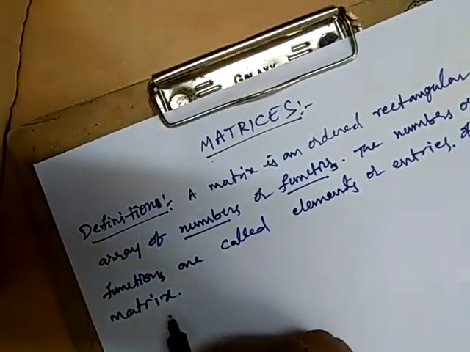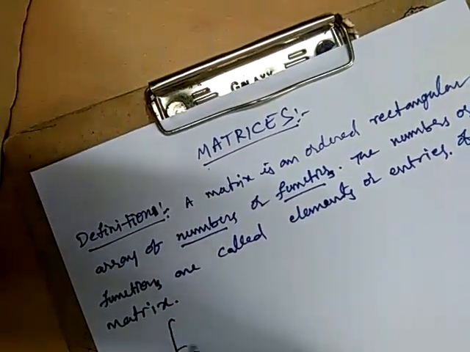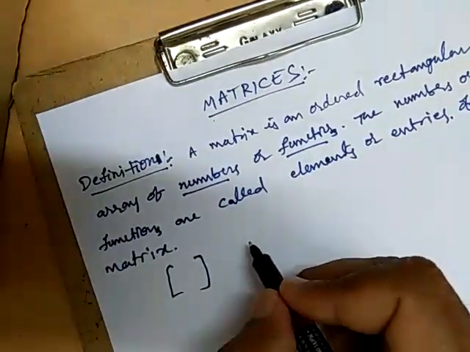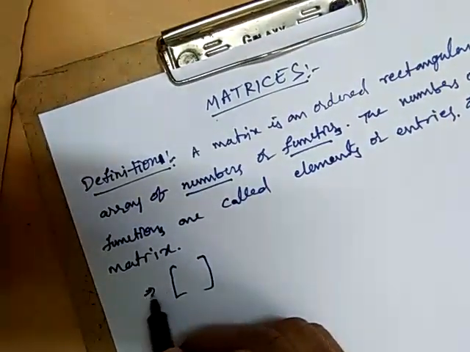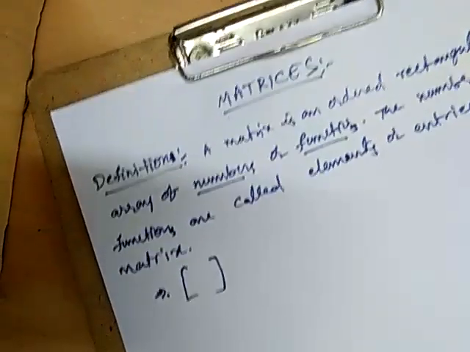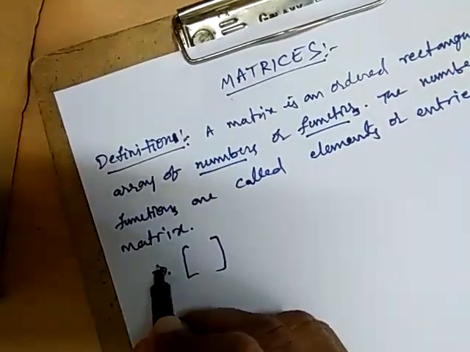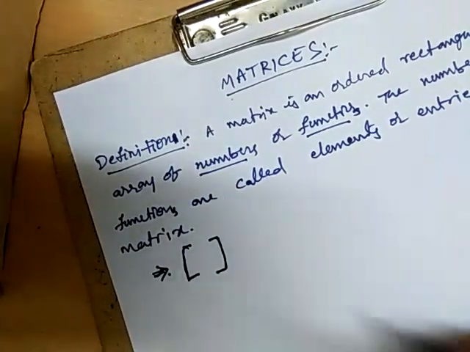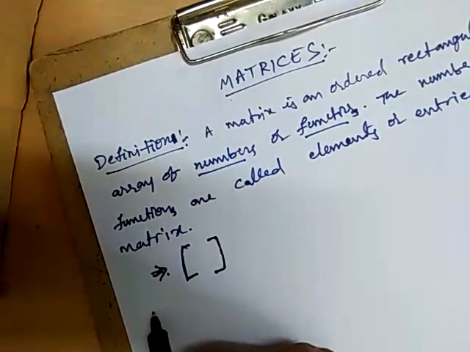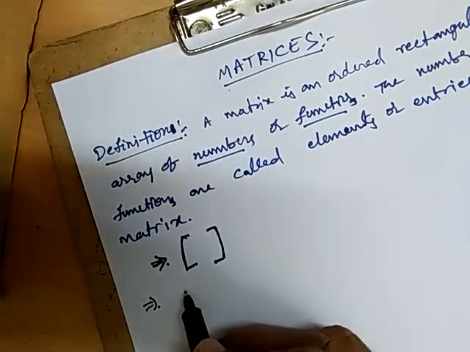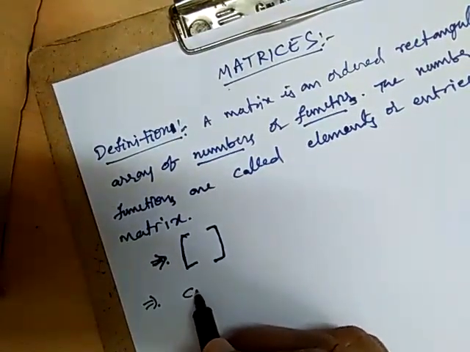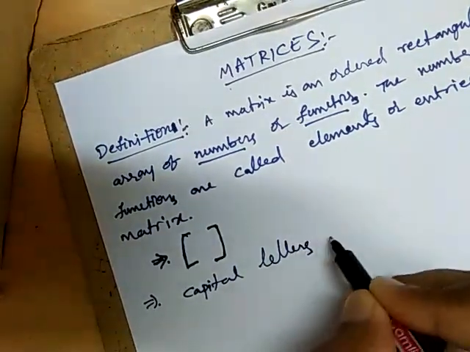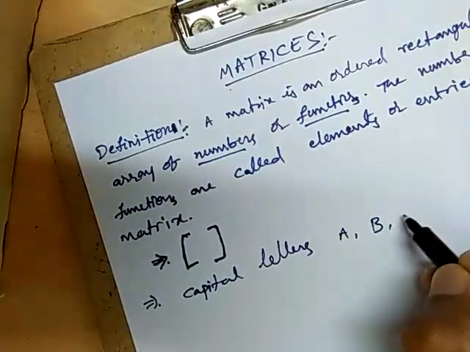The symbol for matrix is a closed bracket. This is the symbol for matrix. Generally a matrix can be denoted by the capital letters A, B, and so on.